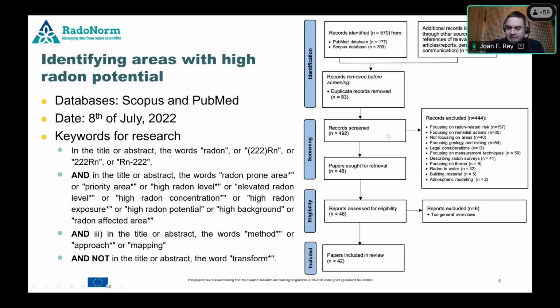Finally, in the eligibility part, we looked at the whole paper to see if they were really relevant. Passing this filter, we still had 6 papers that were true general overviews. At the end, 42 papers remained, and these 42 papers constitute the core of the literature review.